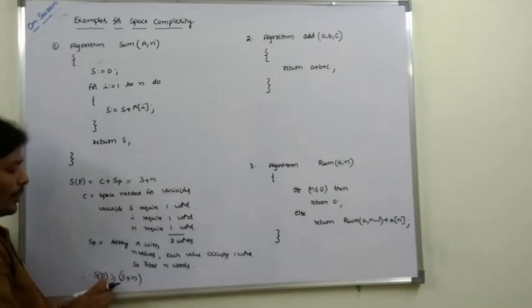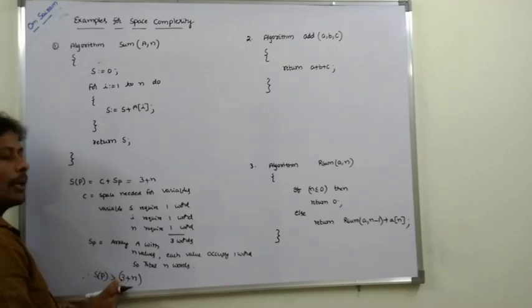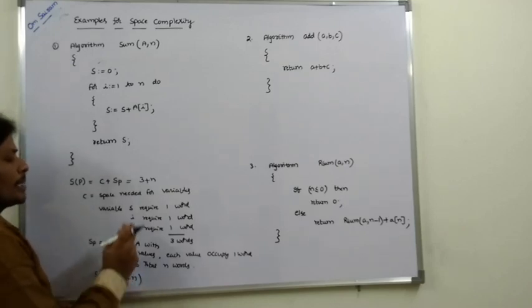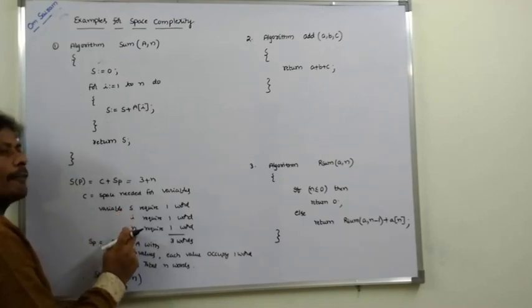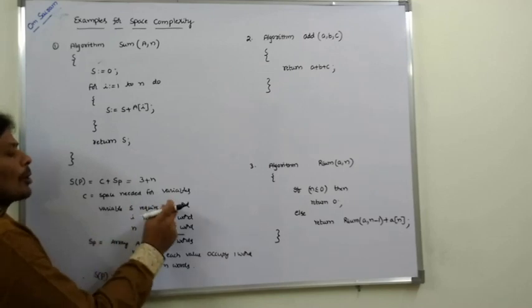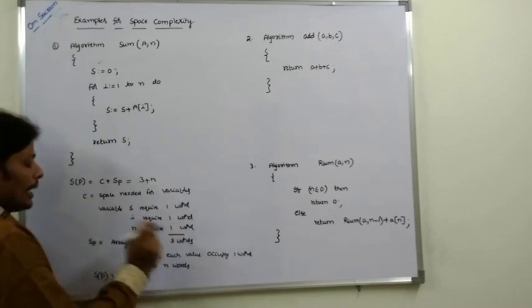At that time we use greater than or equal to. S of P, the space complexity of an algorithm P, is always greater than or equal to 3 plus n. Here 3 is the space needed for variable s, variable I, and variable n. Each occupies one word, so total 3 words.